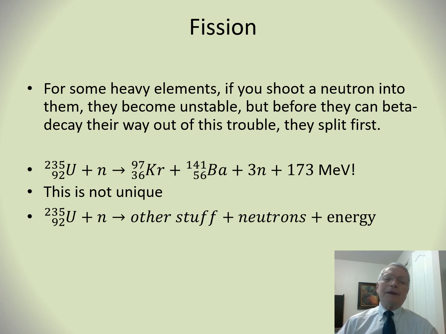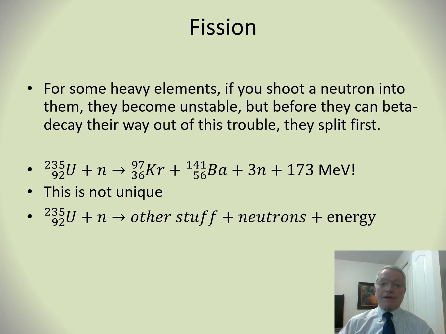But before they can beta decay their way out of this trouble, they just split into pieces first, and this is called fission. So for example, if you shoot a neutron into a uranium-235 nucleus, it might fall apart into a krypton-97 and a barium-141 and 3 extra neutrons and 173 MeV of energy. That's a lot of energy.